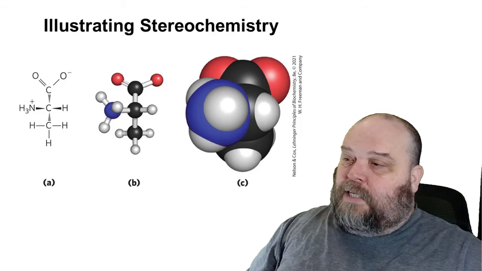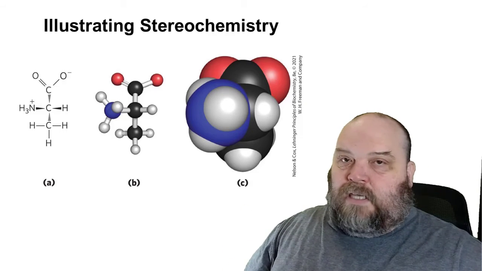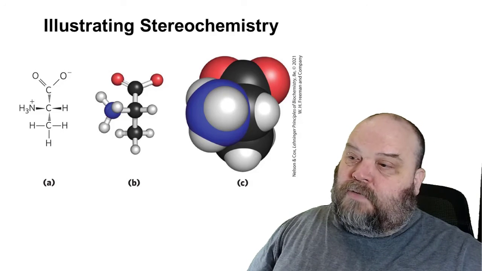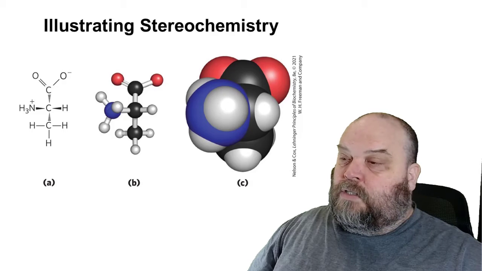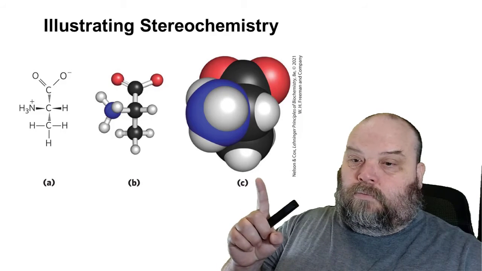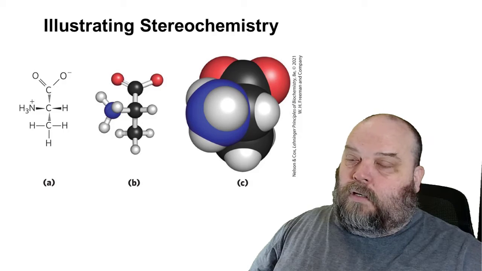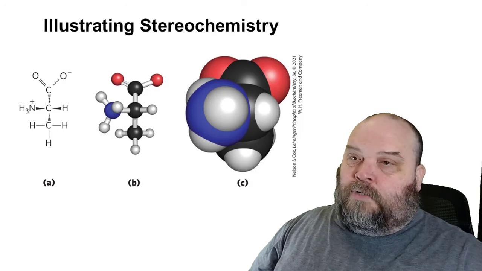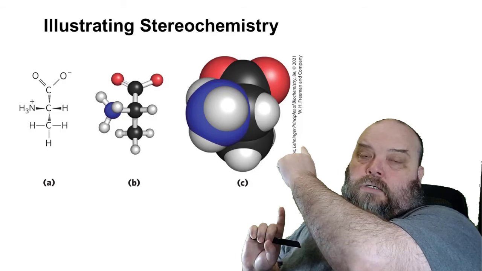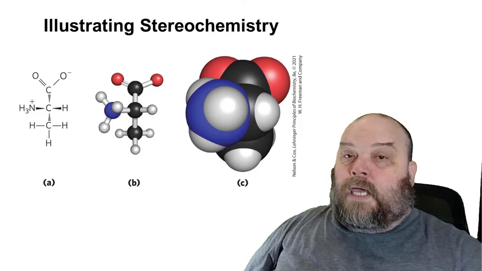And it's a little hard to see as a ball and stick here at B, but it's a little more plain to see here in the space filling model. Black spheres are carbon, red spheres are oxygen, gray ones are hydrogens, blue sphere is nitrogen. You can see the central carbon right there. The jagged line wedges tell you that those other two carbons are behind. The filled in wedge says that nitrogen is coming out, coming towards.